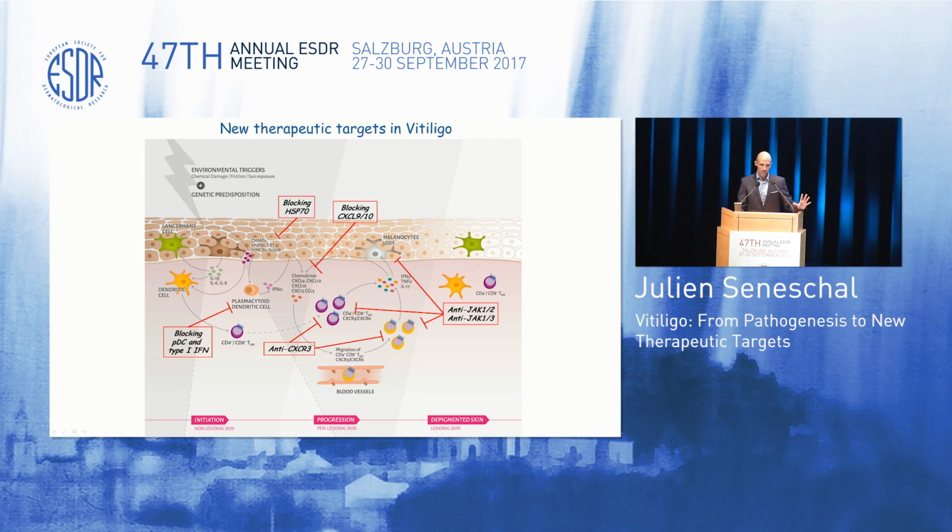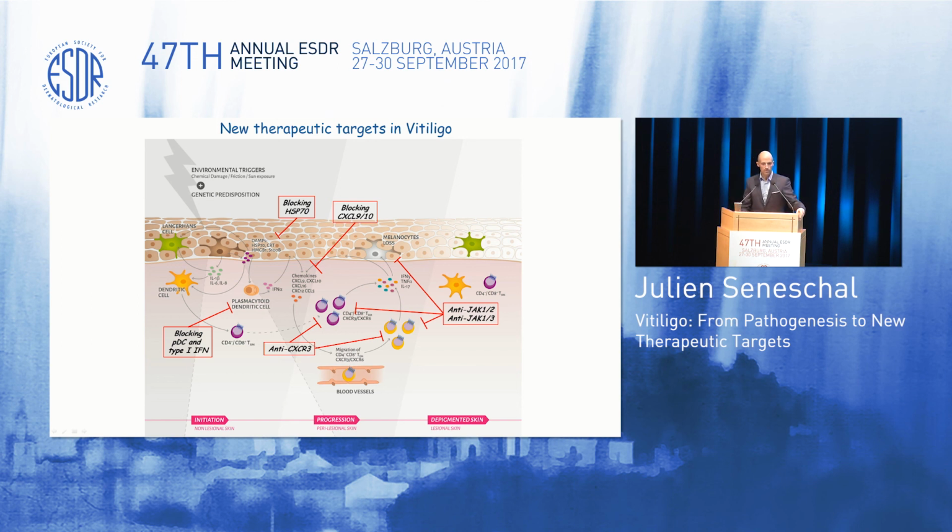Of course, we can think about blocking the chemokine ligands, such as CXCL9 or 10, or the receptor, CXCR3, but also the use of small molecules, JAK1 and 2, that can block the consequences of the interferon gamma action, but also JAK1 and 3, because it could be really important for the maintenance of the resident memory T cells through IL-15.